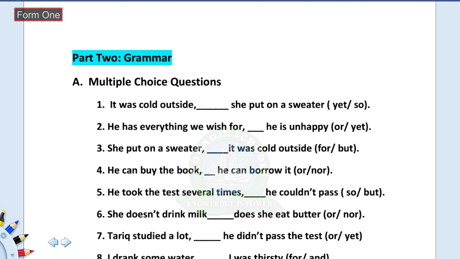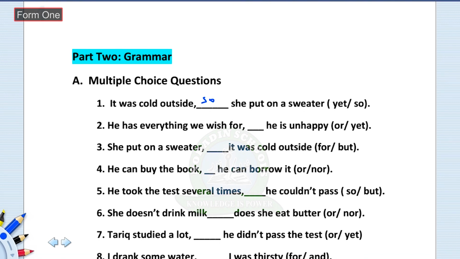Choose between yet and so to fill in the empty space. It was cold outside, so she put on a sweater.